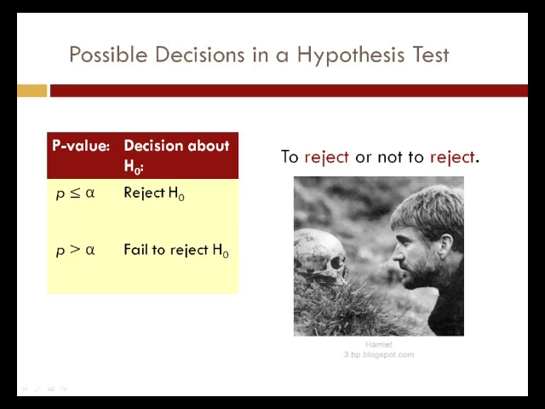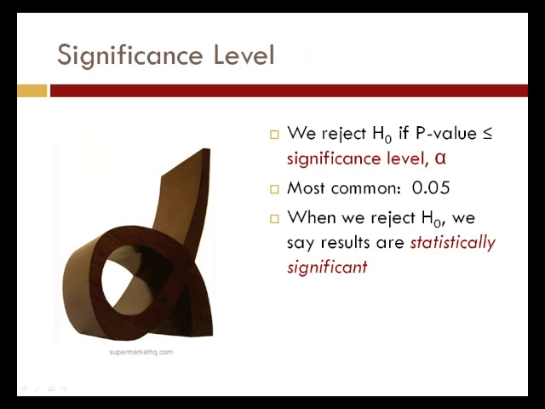If it doesn't state it, you always use 0.05 or 5%. If it does state it, though, you change alpha. So here is our, again, alpha value. Like I said, the most common alpha value is 0.05, and we reject the null whenever p is less than or equal to our alpha value.